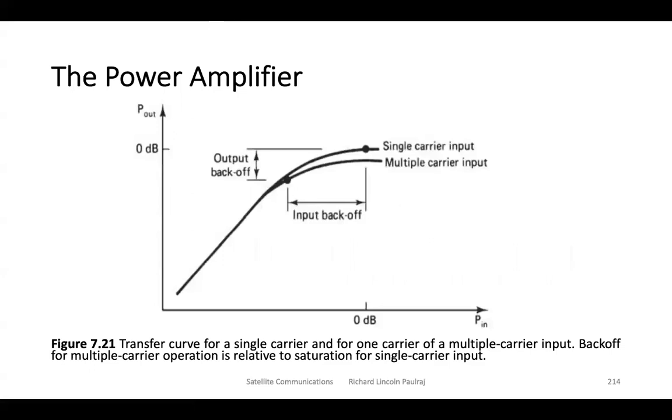While we were studying power amplifiers, we learned about the output back off and input back off. We do not want these kinds of huge deviations, so as much as possible we try to keep it at this point, very close to 0 dB. That's the whole idea.